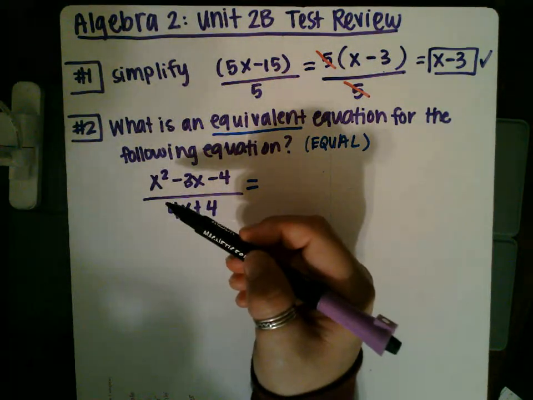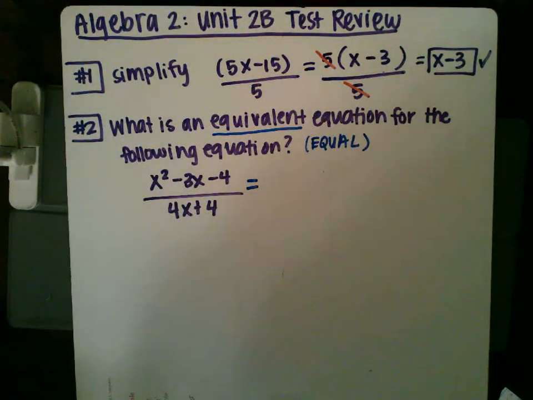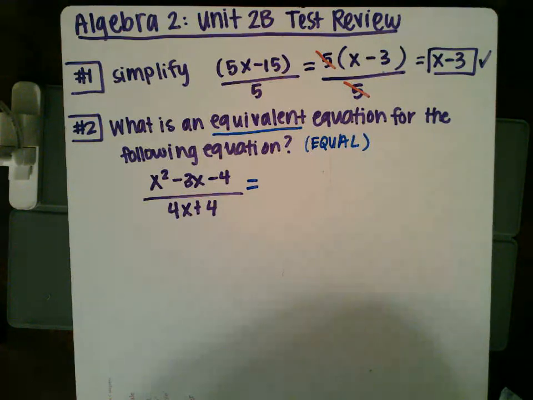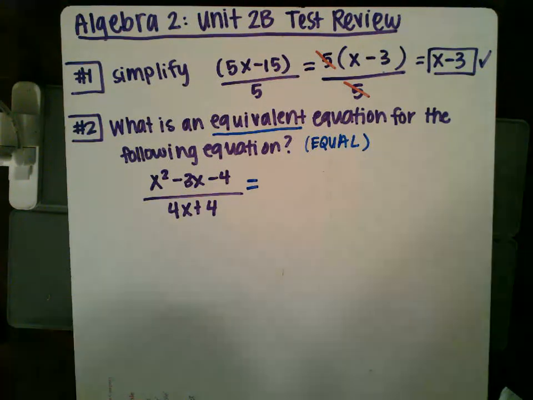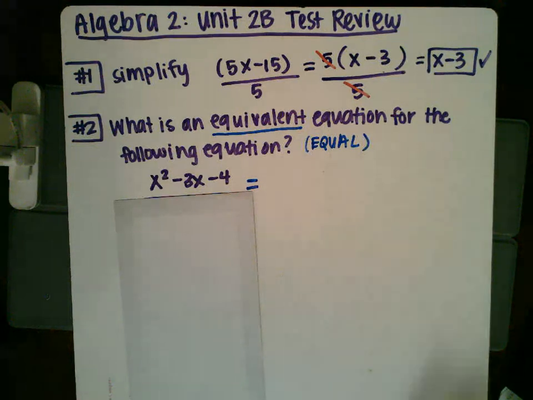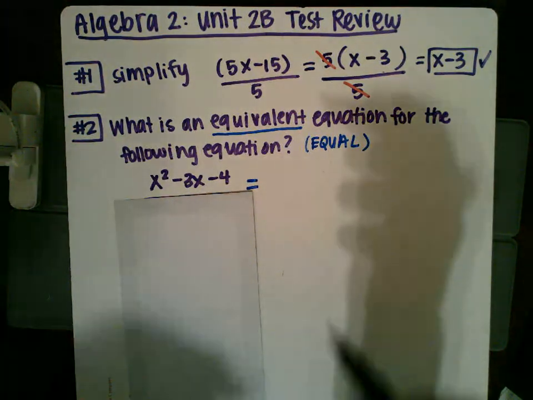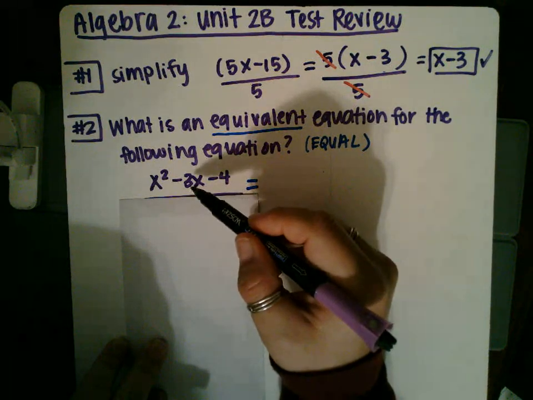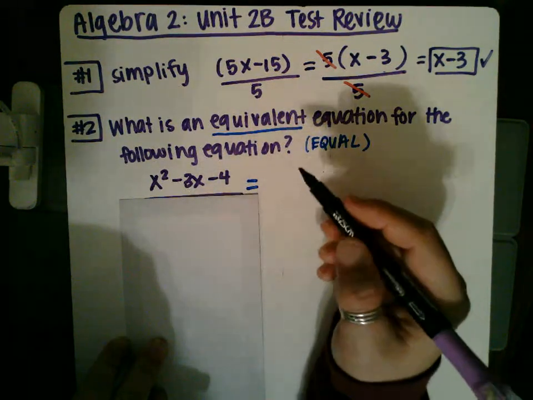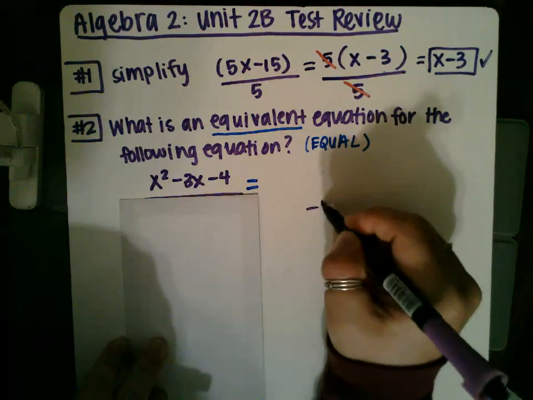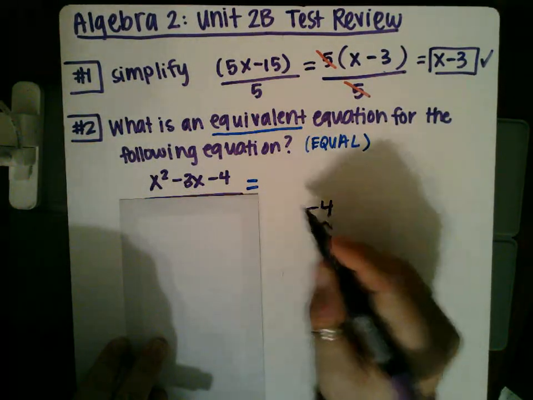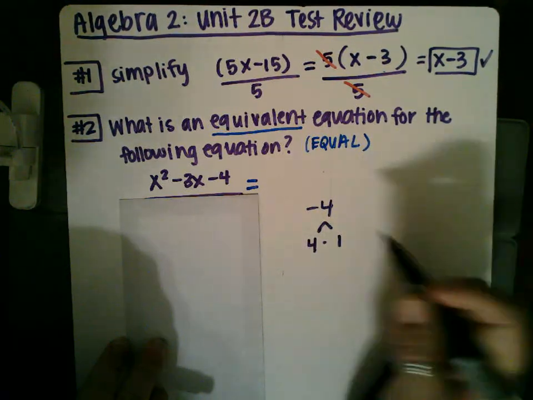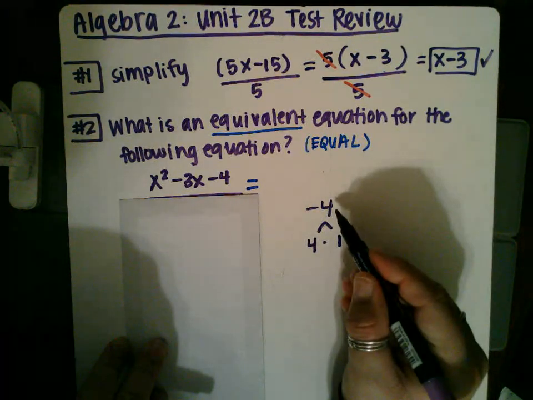My numerator is factorable. If I covered it up, which sometimes I like to do with a piece of paper, I would ask myself what multiplies to negative 4 but adds to negative 3. Those factors are going to be 4 times 1, because 4 times 1 is 4.